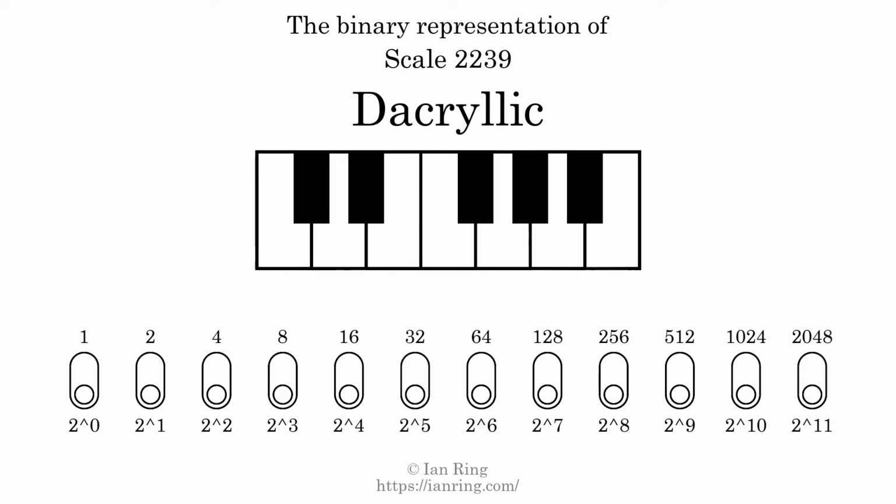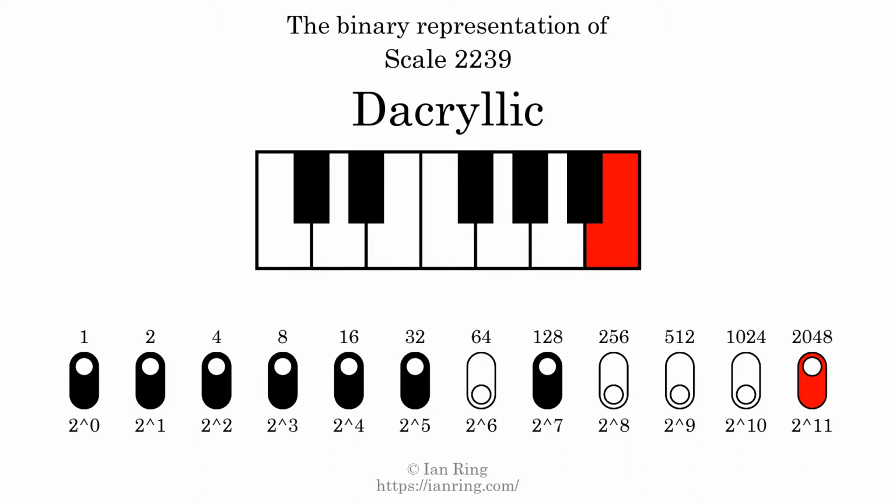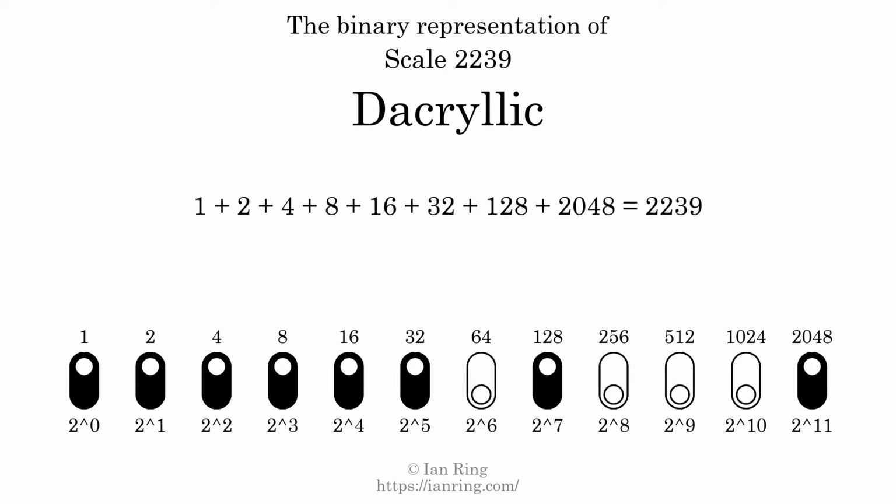The binary representation of this scale is determined by mapping tones of the scale to binary digits. Each binary digit represents a power of 2. To get the scale number, we add the powers of 2 together. The powers of 2 that are present in the scale, all added together, equals 2239.